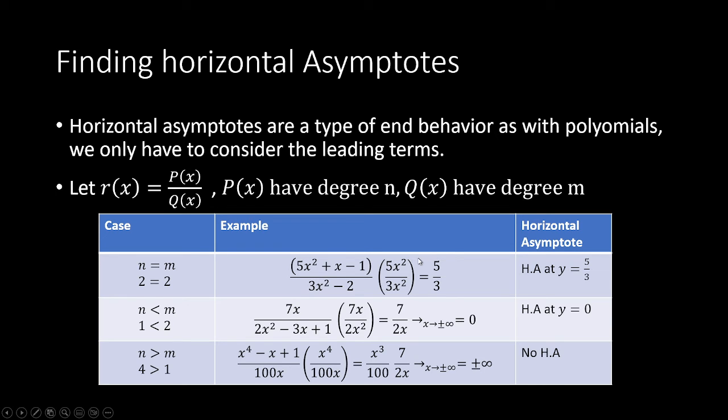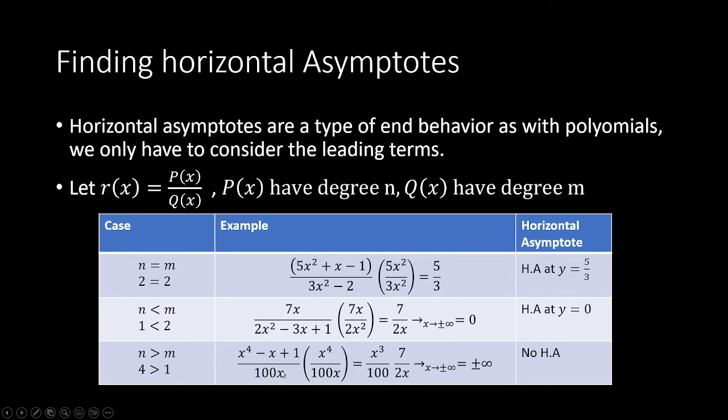So you just divide the coefficients, 5 over 3. If n is smaller than the degree on the bottom, then it doesn't matter what those numbers are, the horizontal asymptote is always at 0.